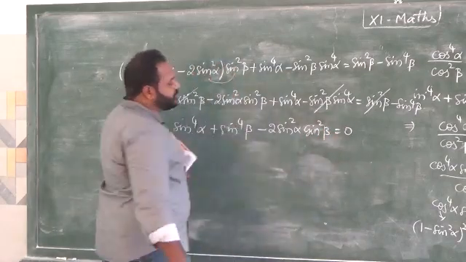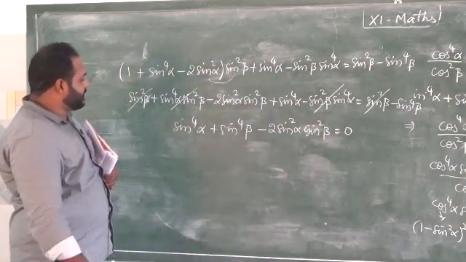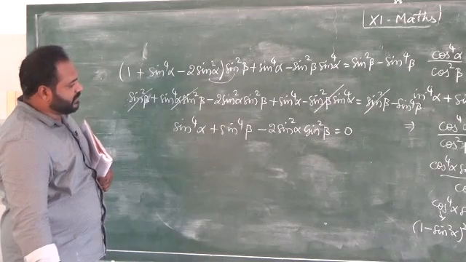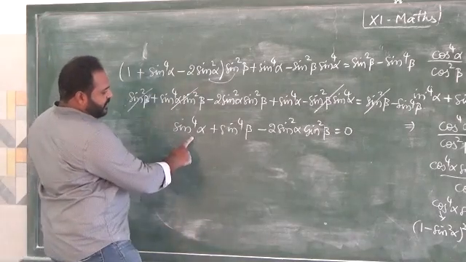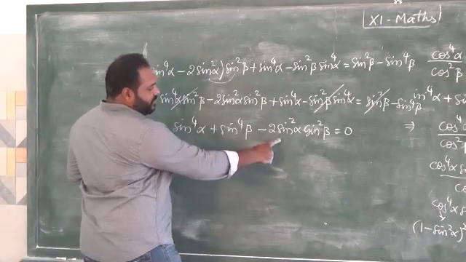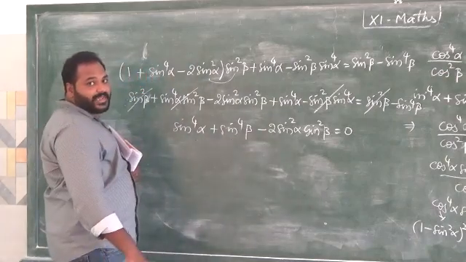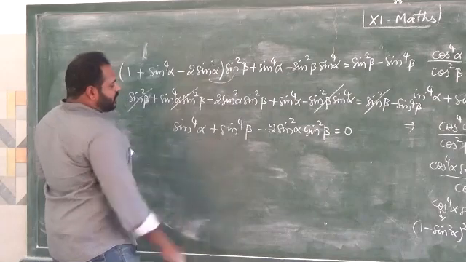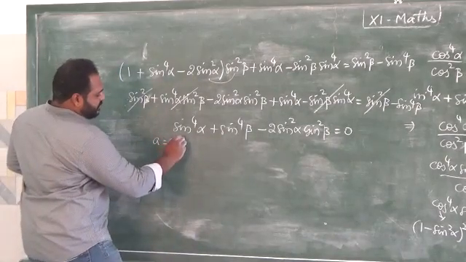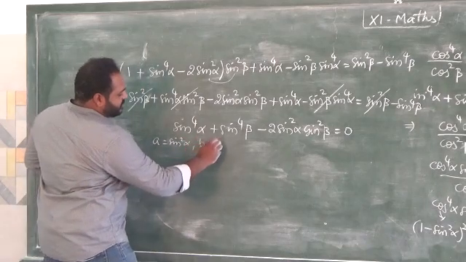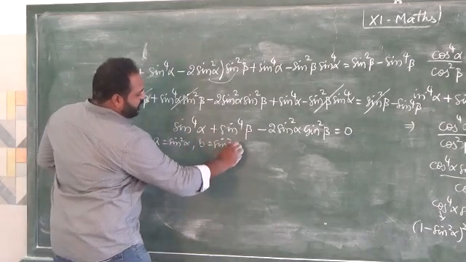equal to 0. So if you see this, we can understand this, the formula for a square plus b square minus 2ab can be attained here. So I am going to take a as sin square alpha, b as sin square beta.